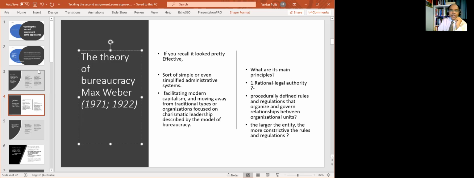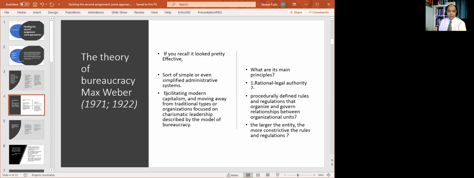Okay, the theory of bureaucracy. If you recall, it looked pretty effective, sort of simplistic, or even a simplified administrative system, facilitating modern capitalism and moving away from traditional types of organizations focused very much on charismatic leadership, described by the model of bureaucracy.